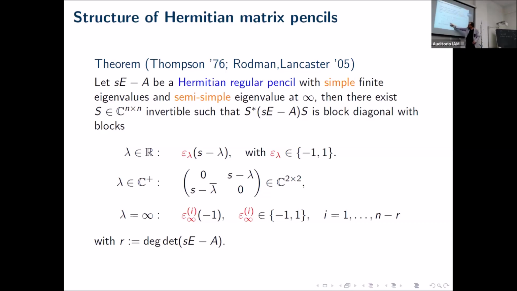It also has blocks, but because I only assume simple, it could have several blocks corresponding to infinity. So from this complicated normal form, I need this one and this one, just for the epsilons.